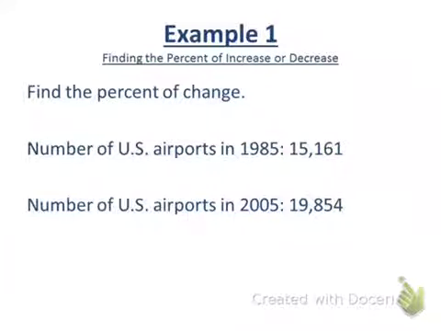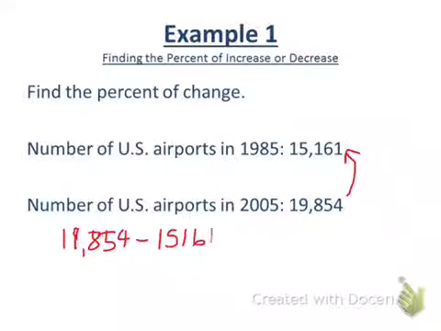The amount of change is the change between these two numbers, so it's 19,854 minus 15,161, divided by the original amount. Now, how can you tell which one is the original amount? The one that came first.